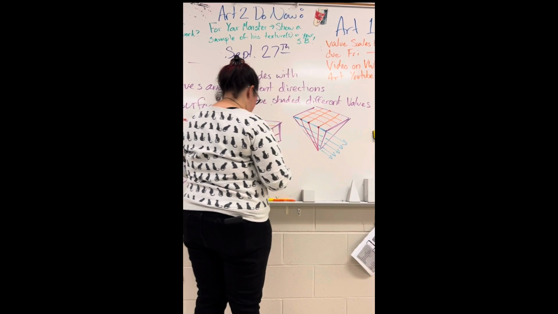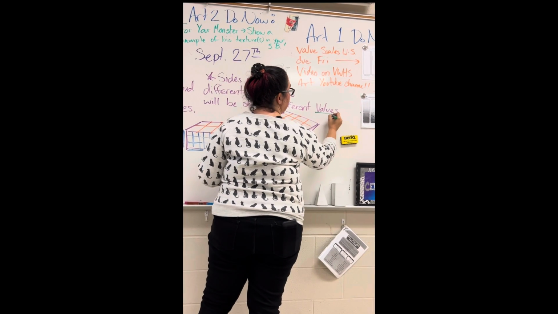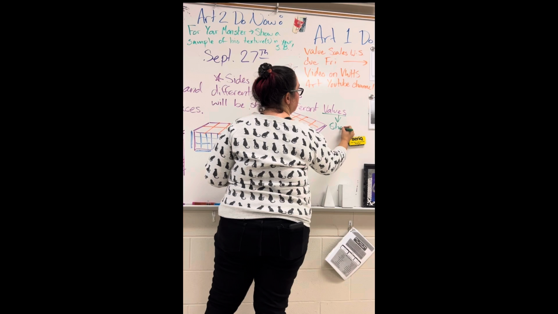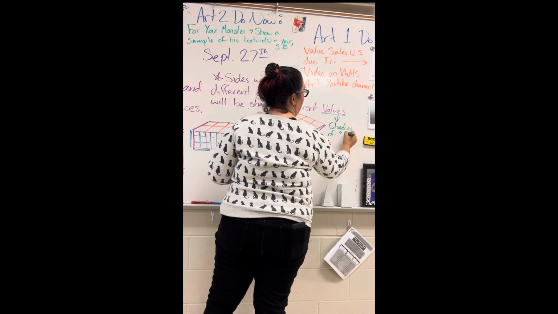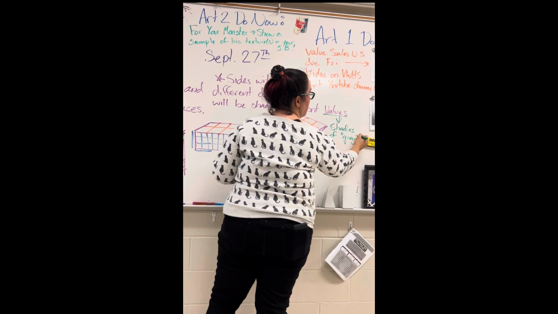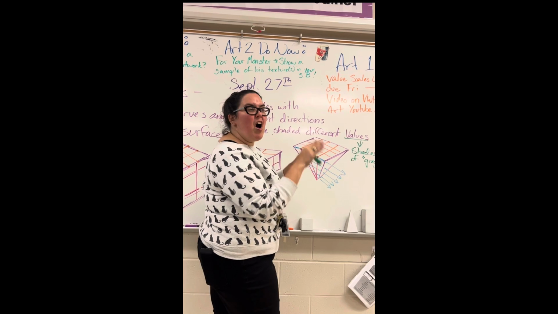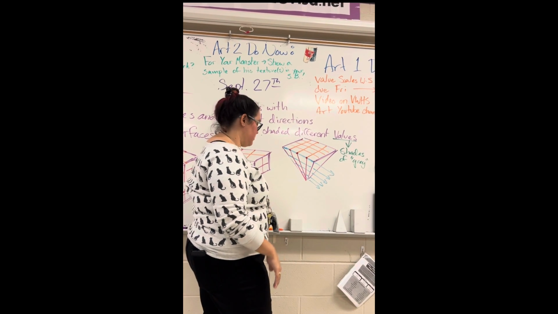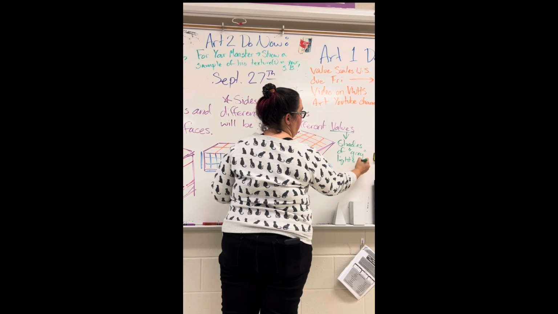And just in case you've forgotten, values means shades of gray. Again, gray could be blue or purple or whatever. It's just all of the lights and darks. Lights and darks.